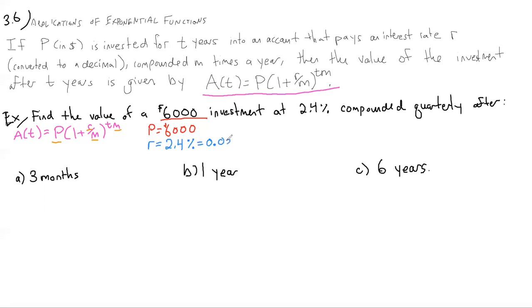So it'll be 0.024. And m is how many times per year. You have to be really careful about that phrasing. In this case, it's quarterly, so m is going to be 4. Quarterly means 4 times a year.